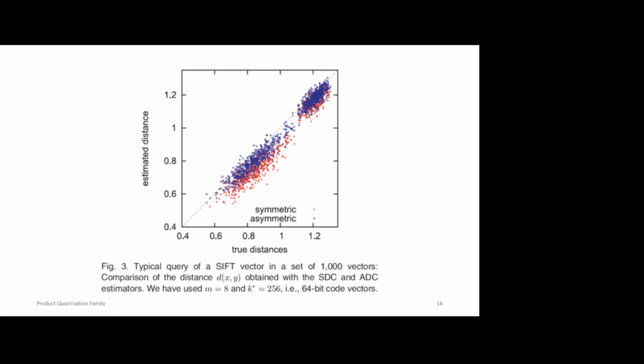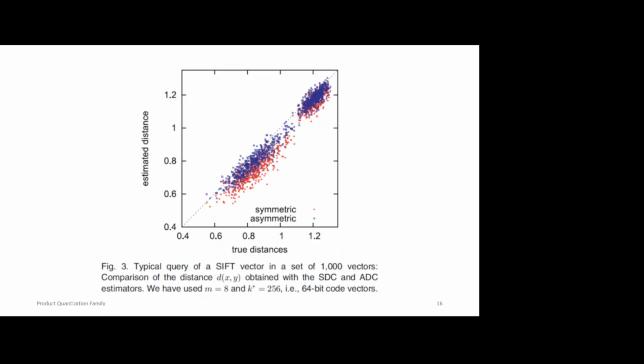This figure shows the comparison between symmetric and asymmetric distance. The x-axis shows the true distance between two points, and the y-axis shows the estimated distance between the two points.